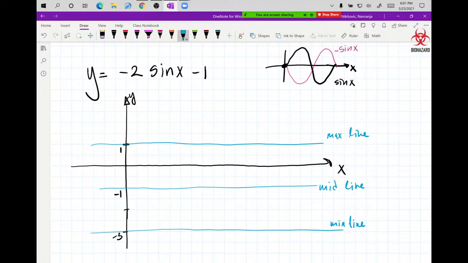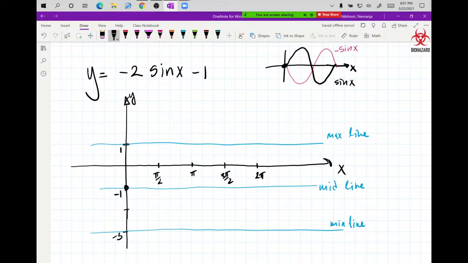Again, nothing shifted left and right, so we can use our standard 3 boxes for pi over 2. Another 3 boxes is pi, and then 3 boxes at 3 pi over 2, and finally 2 pi at the end. So what do I have? Well, the sine will start on the middle line, and now you have to go down first because it's flipped.